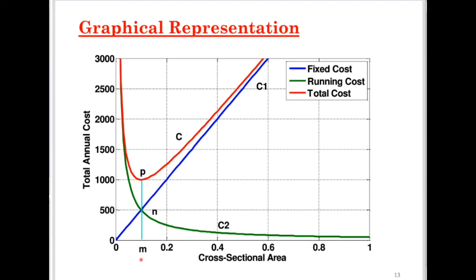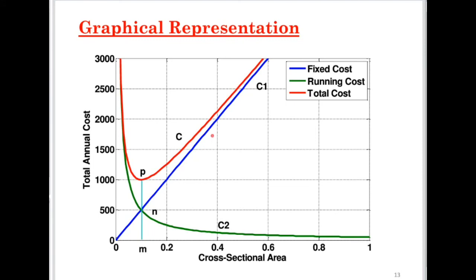Now if we take those two equations, K1 times A and K2 over A for C1 and C2, we put cross-sectional area on the x-axis and total annual cost, fixed cost and running cost on the graph. I drew it using MATLAB. So the cross-sectional area varies from 0 to 1 unit, for example, it can be meter squared. How will the fixed cost change?